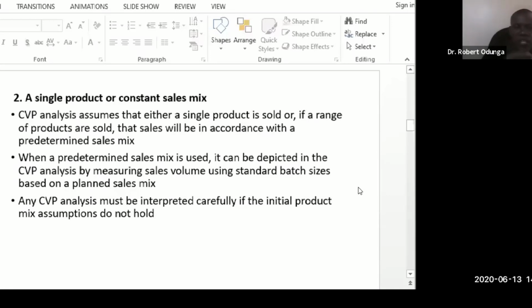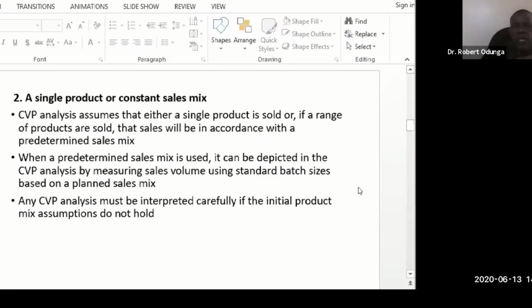So that's why we are saying the bottom line is the sales volume that will help us in making these decisions to do with the prices, the sales volume, and all that. When a predetermined sales mix is used, it can be depicted in the CVP analysis by measuring sales volume using standard batch sizes based on a planned sales mix.